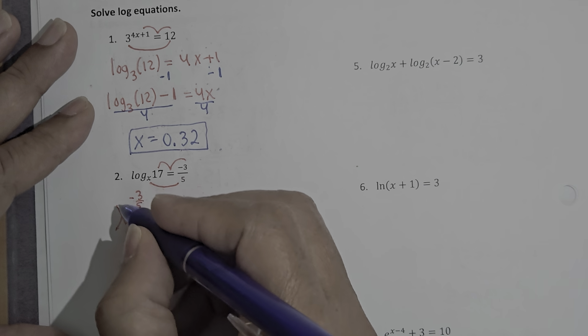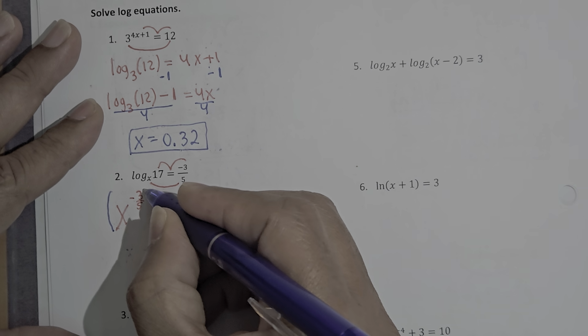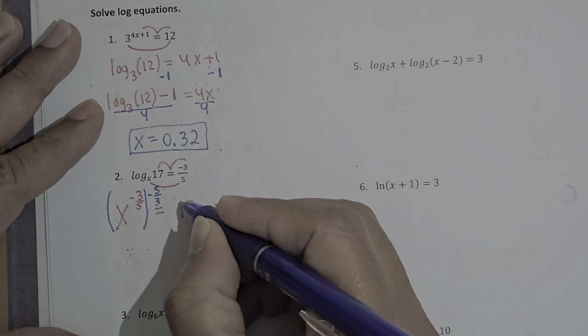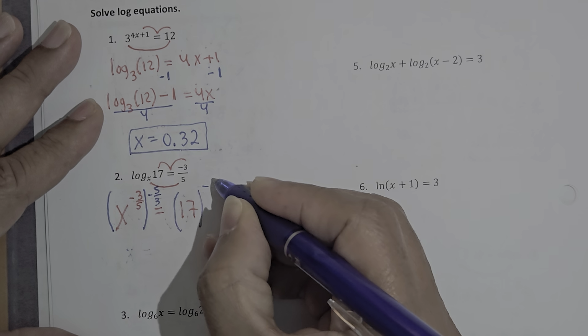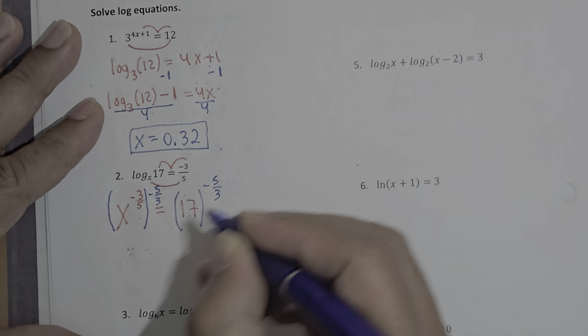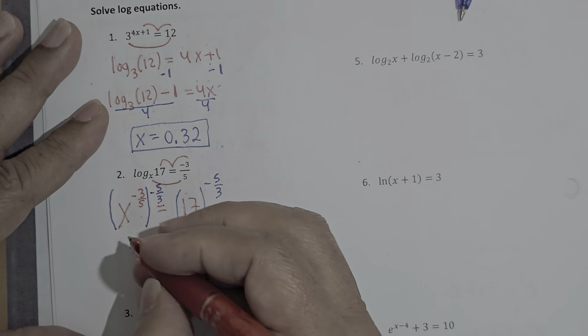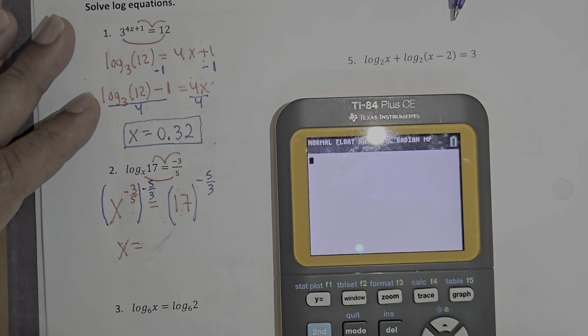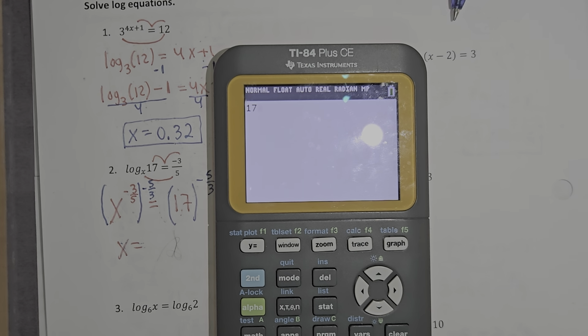So then what I'm going to do is I'm going to multiply by the reciprocal power of negative 3 over 5, which is negative 5 over 3. So then this gives me the value of x. Okay, so then I'm going to go to the calculator and enter 17.